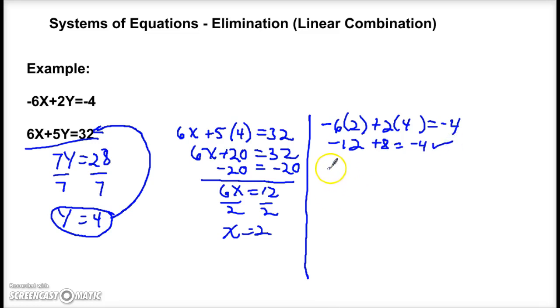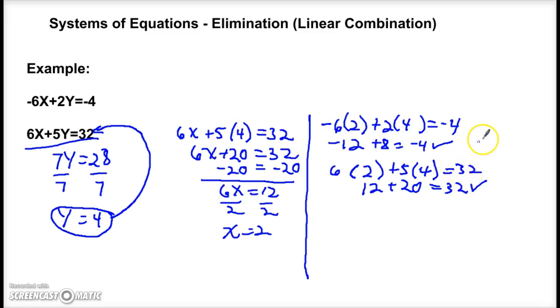And then on the second one, 6 times x is 2 plus 5 times my y value of 4 should equal 32. And sure enough, 12 plus 20 is 32. So that one works. So I have found the answer to the problem, and it would be x is 2 and y is 4.